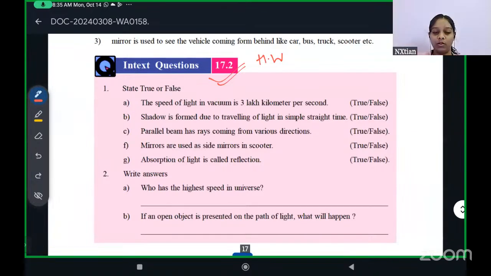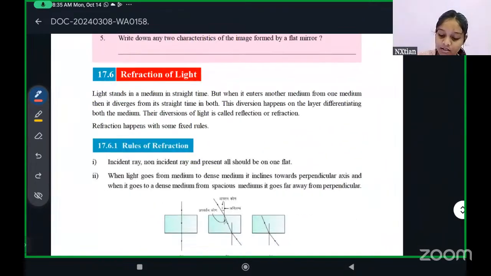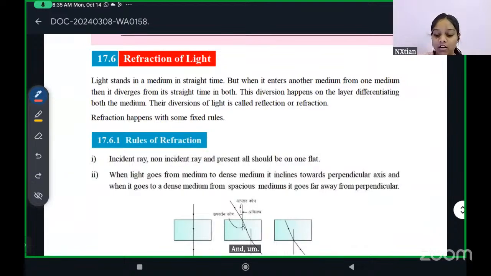17.2 is your homework. Okay, and now refraction of light. Okay, refraction is similar to reflection. Abraham is checking, writing, and checking. Okay. Yes.